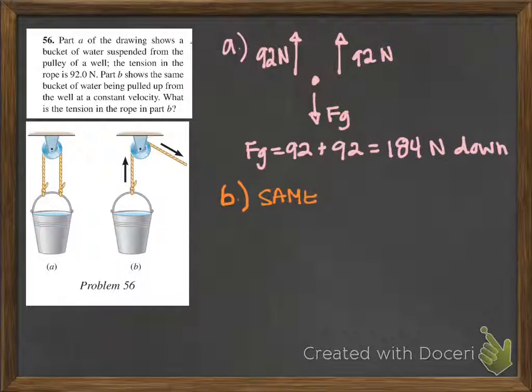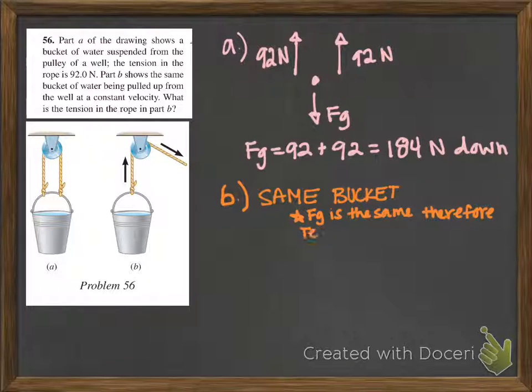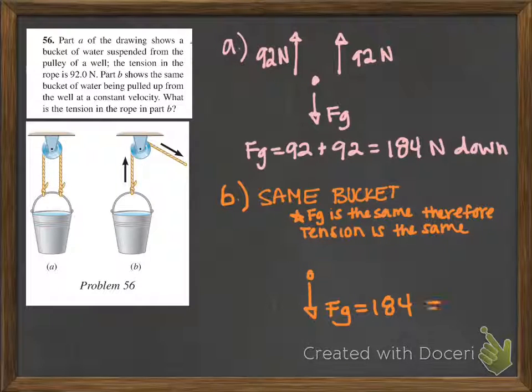And in part B, we have the same exact bucket, and this is the keyword, same bucket, because if it is the same bucket, that means the weight is the same, and that also means that the force is the same because it's an equilibrium, and the normal force and the weight have to cancel out, so they are equal to each other, and again, the answer is 184.